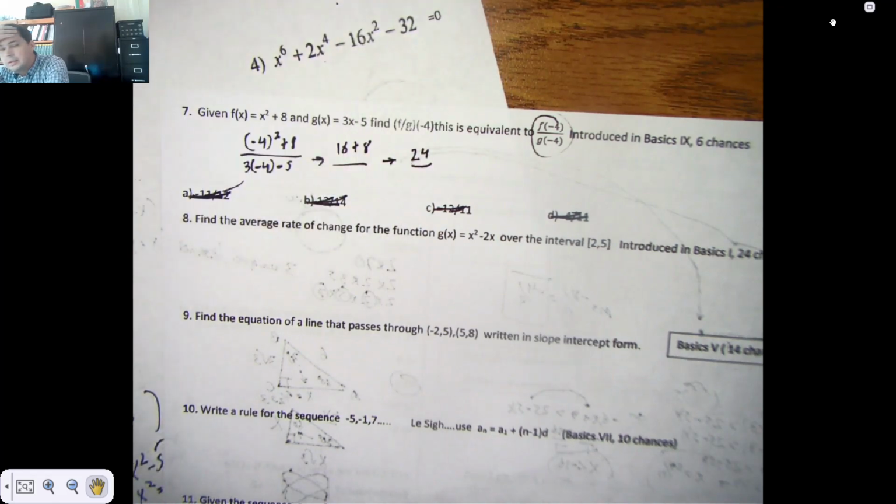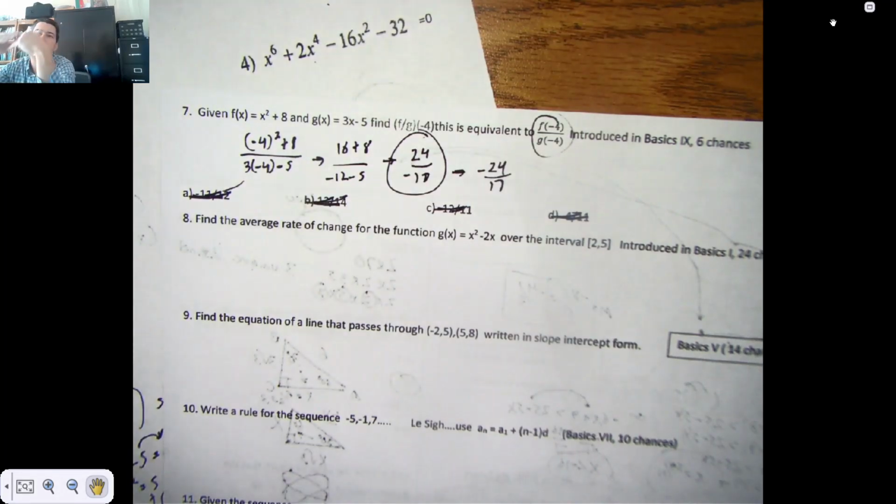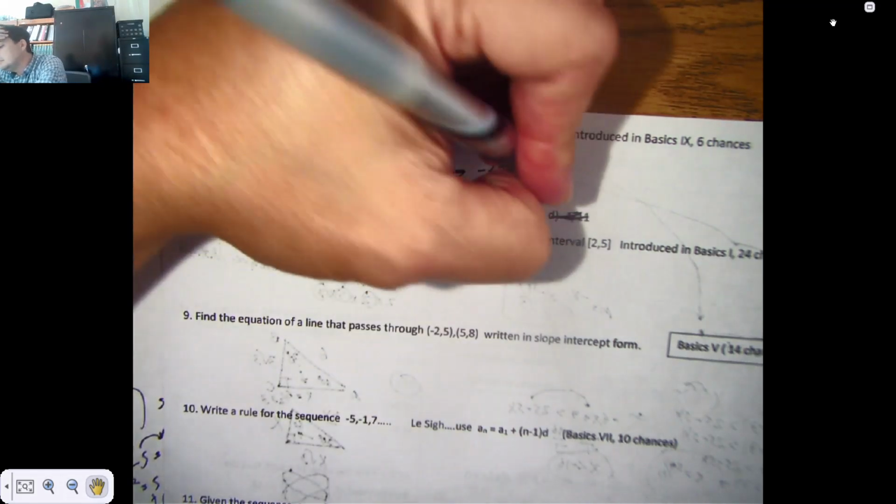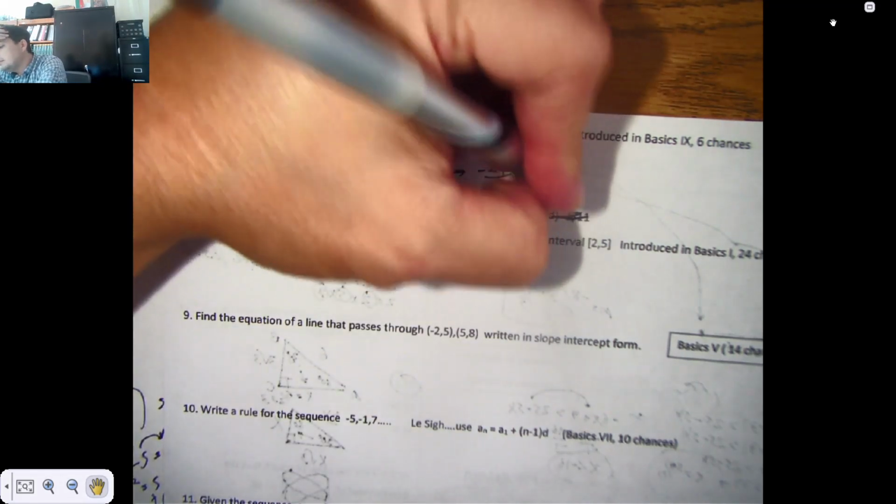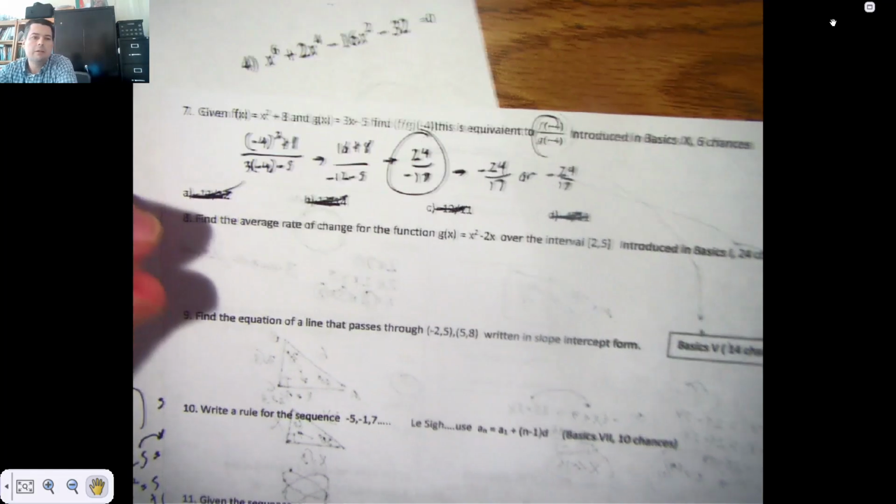Add 8, and you get 24. -3 times a -4 is -12. -12 minus 5 is -17, and there's my answer, which would probably be written as -24 over 17, because a negative symbol belongs in the numerator or in front. I hope you realize that. Not everybody does, but that's where it belongs.